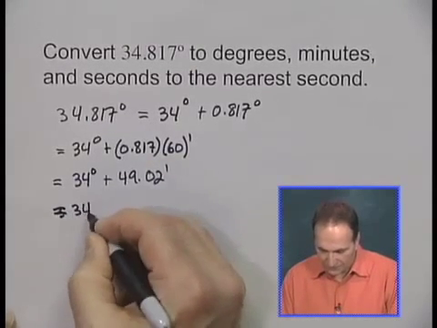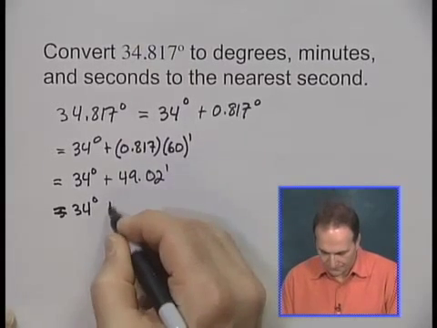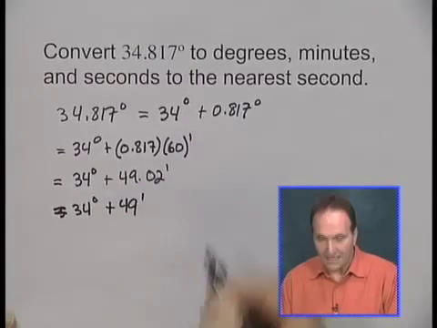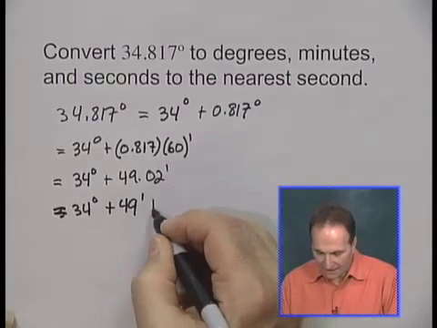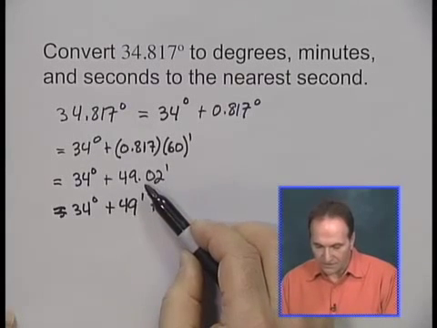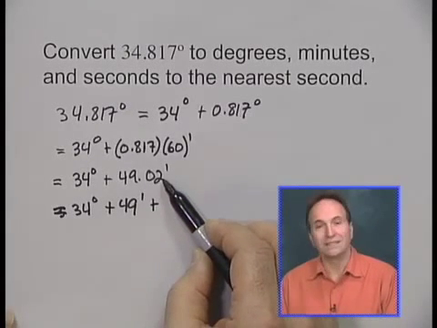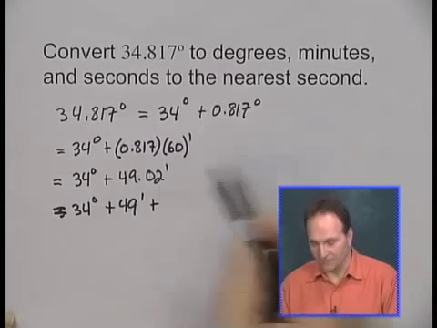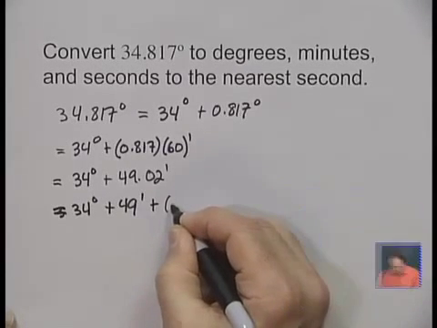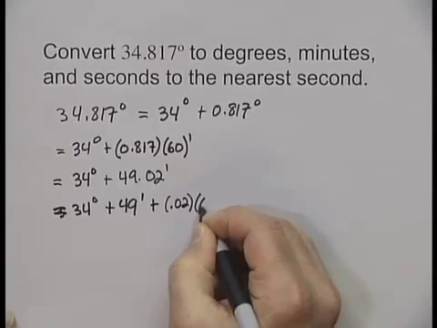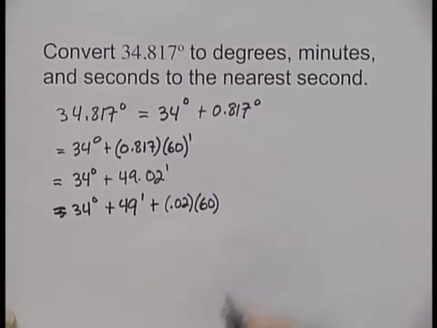equals 34 degrees plus 49 minutes. And now we have to multiply the 0.02 times 60 seconds. So we would have 0.02 times 60, and that'll convert it into seconds.